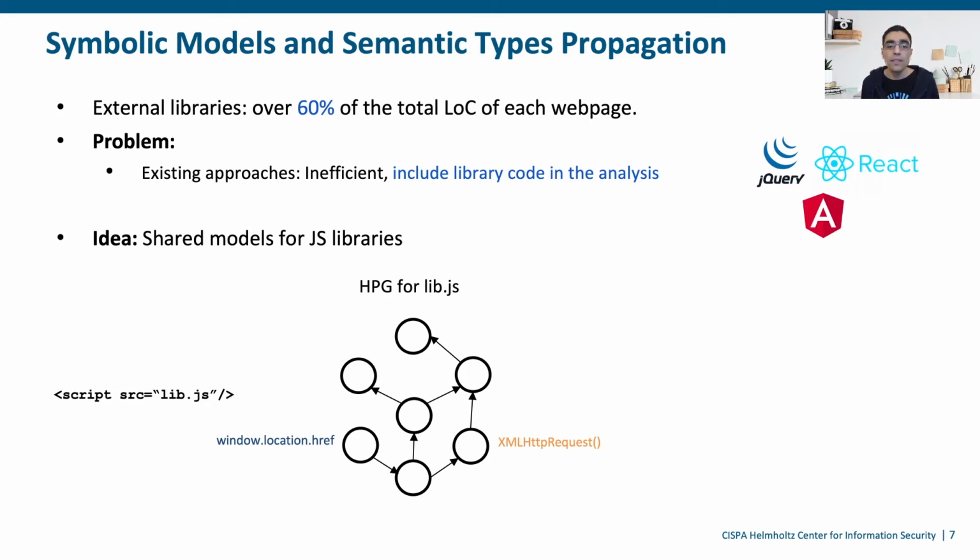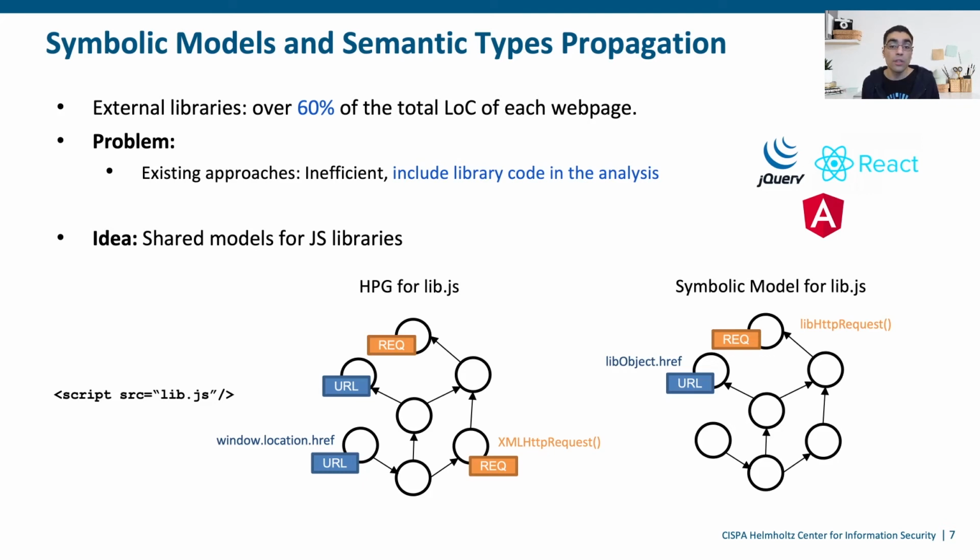And then we assign the type REC and URL to these nodes respectively, which will capture the semantic of these constructs. Then these semantic types are propagated to other nodes following the calculation of the program, that is over PDG, CFG, IPCG, and ERDDG edges, which will allow us to derive the symbolic model for the library by querying the graph for nodes with these semantic types.